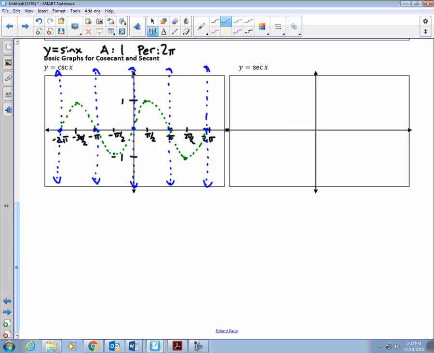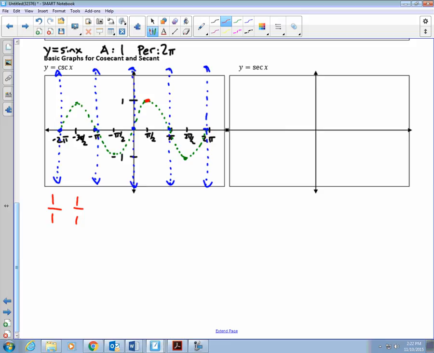Okay, then this is the last time I'm going to have you think really tough through something, okay? But right here, right at this spot, what's the height of the sine function there? How high is it? What is the reciprocal of 1? 1, right? If you take 1 over 1 and you take the reciprocal of it, you get 1 over 1. So cosecant has a height of 1 there.